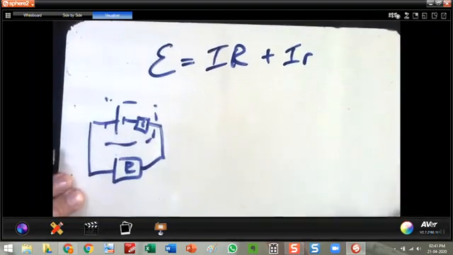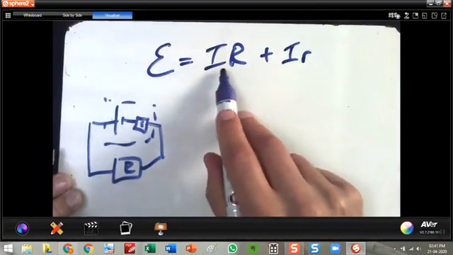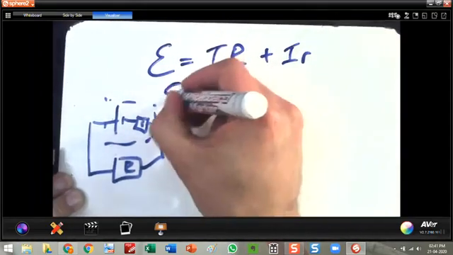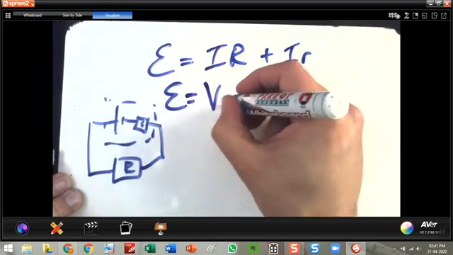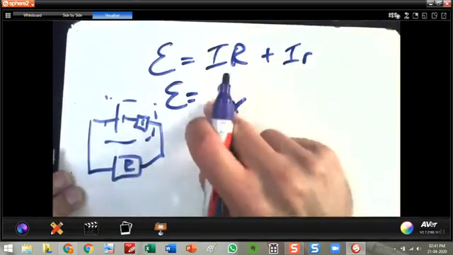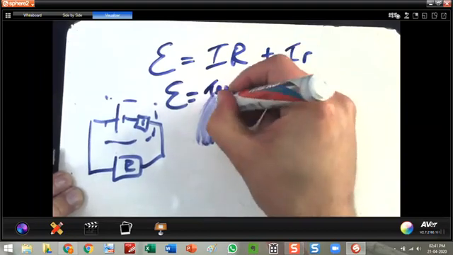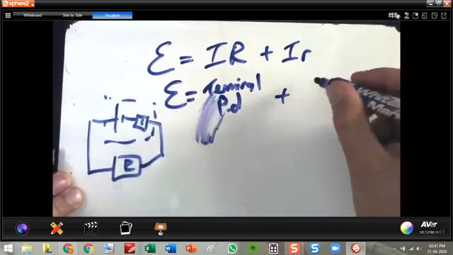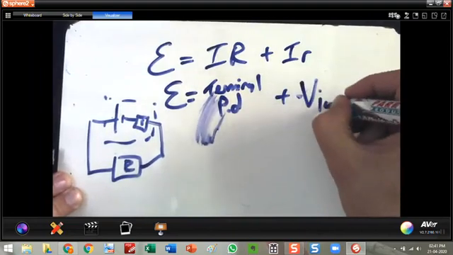Here we have our EMF, we have IR, which is the external voltage, or the terminal potential difference, plus our internal resistance, or the voltage lost.